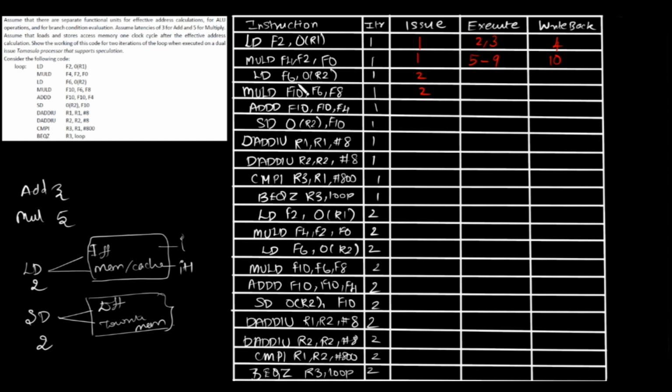The one issued at clock cycle 2 can start its execution at clock cycle 3, calculate its effective address, and perform the memory operation at clock cycle 4. If we were not following the Tomasulo approach, even though we have issued it, we would have had to wait for this load to complete, and we would have waited for all the subsequent operations to complete.